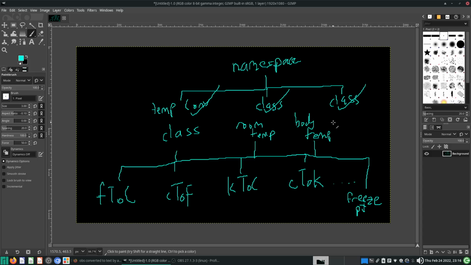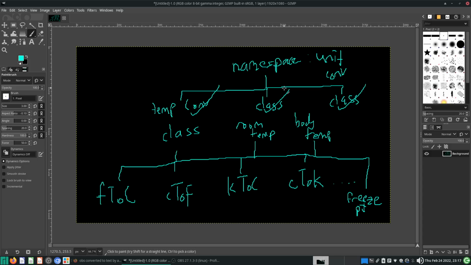There are lots of fun units. Maybe you need many functions to convert from one unit type to another. These are different ways of conversion, and then maybe this namespace can be called unit conversion.